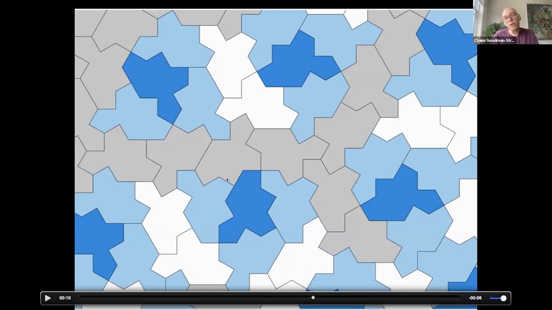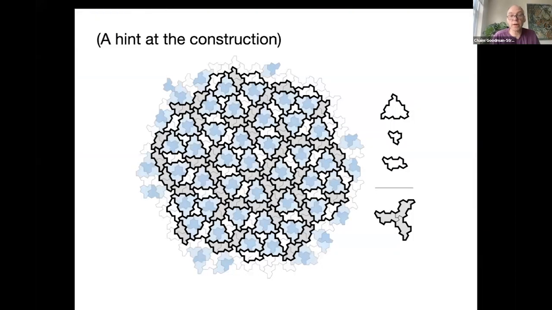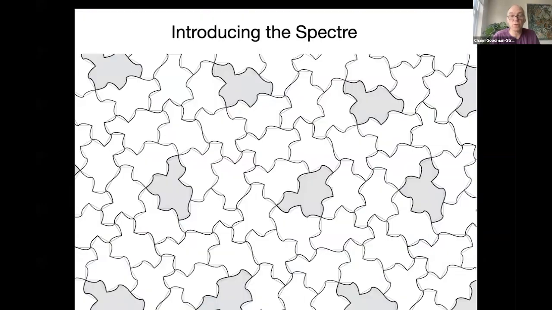And so just by fiat, if we did not allow reflections and only allowed rotations, perhaps there'd be enough structure there to still have something interesting. And that's, of course, the insight that led to the Spectre. So here's a drawing of the Spectre.